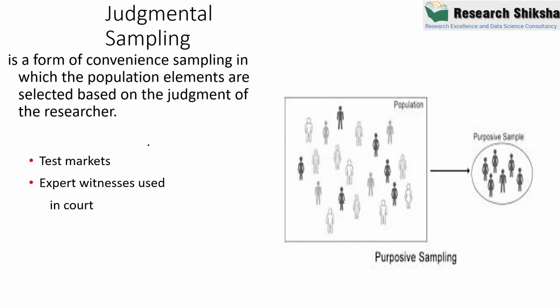And even if somebody is doing convenient sampling, I suggest them to convert into judgmental sampling. And snowball sampling nowadays is getting a lot of popularity, because most of the time you are not having the sampling frame, I mean the list of the population units. So judgmental sampling and snowball sampling are the most popular sampling methods nowadays.